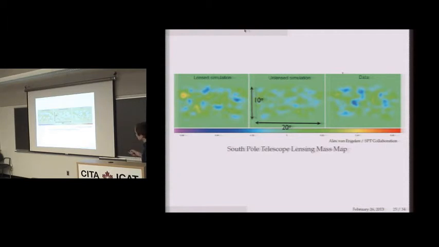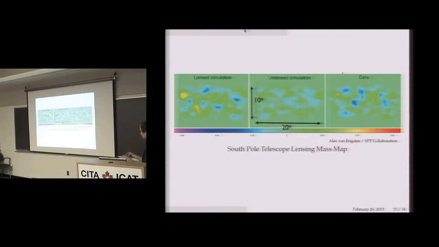So this is from Alex van Engelen in SPT. We've got a lensing simulation. Here's the reconstruction with blobs in it. An unlensed simulation, which does not have blobs because we've reconstructed noise. So this is the noise level of your lensing estimate. And then this is what you get when you actually look at the data, and these two things are consistent. So these blue blobs here are large structures along the line of sight.